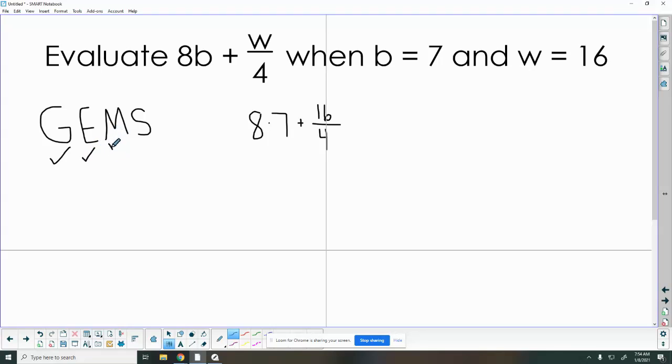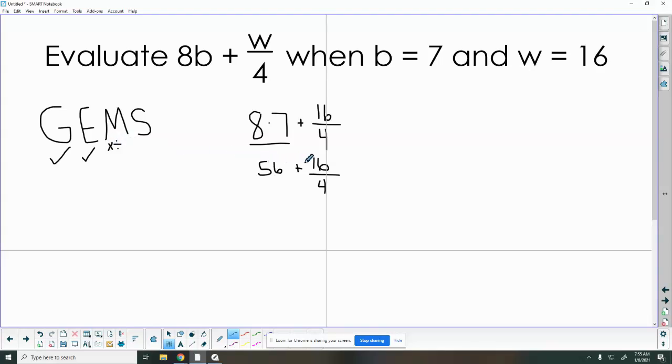So we are looking for multiply and the opposite, divide, going across left to right. So looking here, we have 8 times 7. So go ahead and do that and bring everything else down. So 8 times 7 is 56. 56 is 7 times 8, plus 16 divided by 4. So we need to keep looking for multiplication and division.